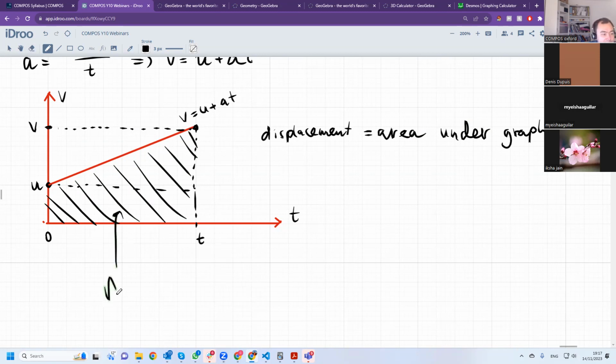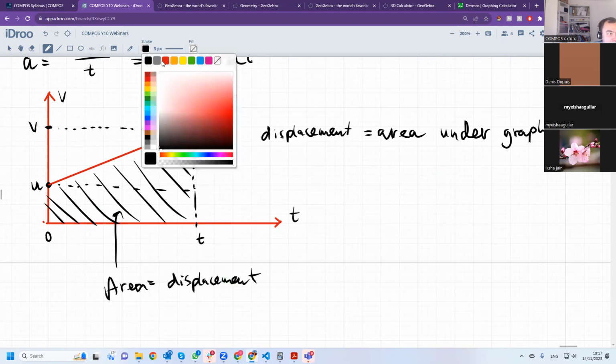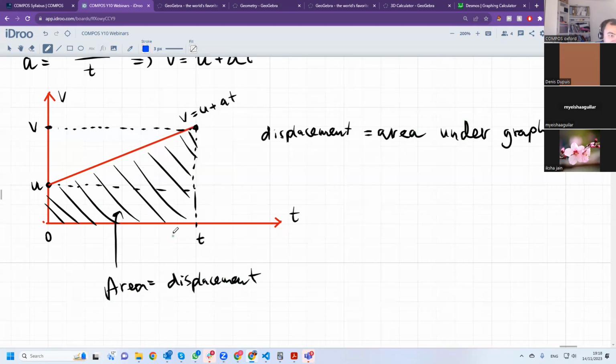So area is equal to displacement. And this shape is a trapezium. Its first base is u, the second base is v, and the height is t, which is time. The area of the trapezium is 1/2 a plus b times h.